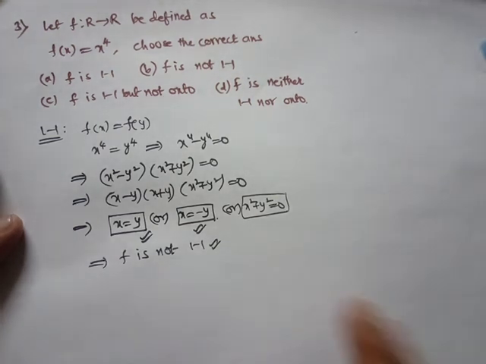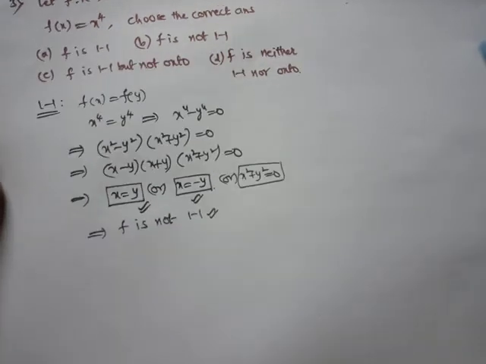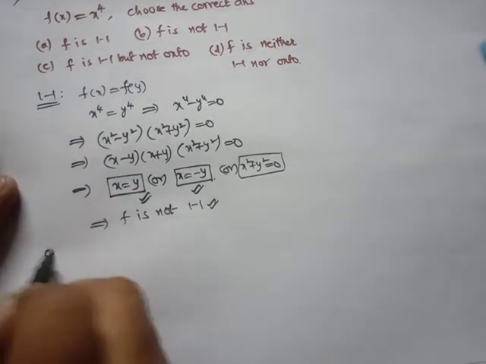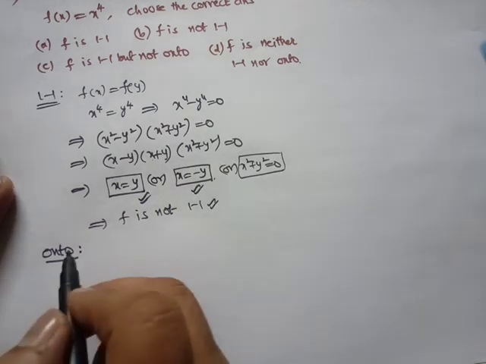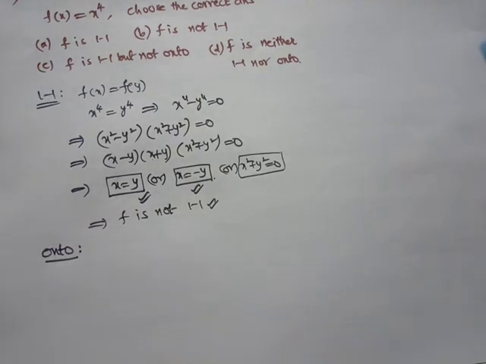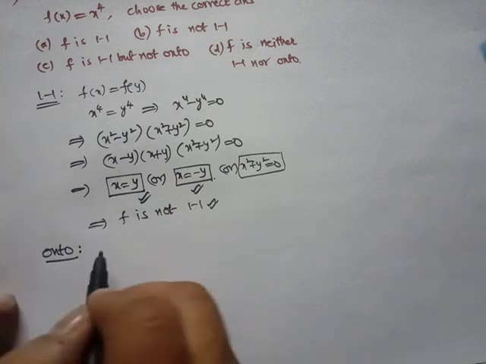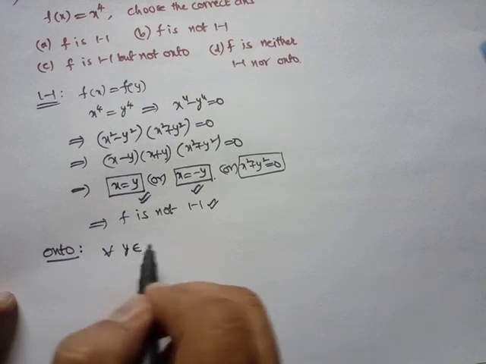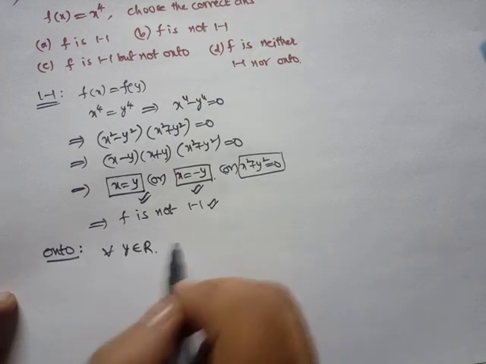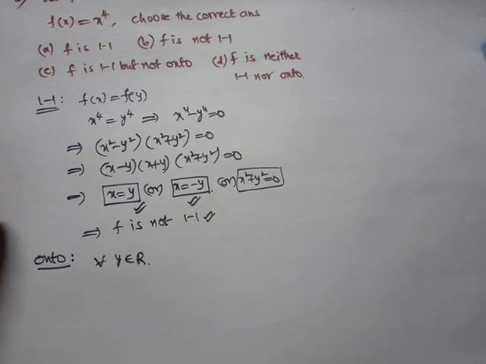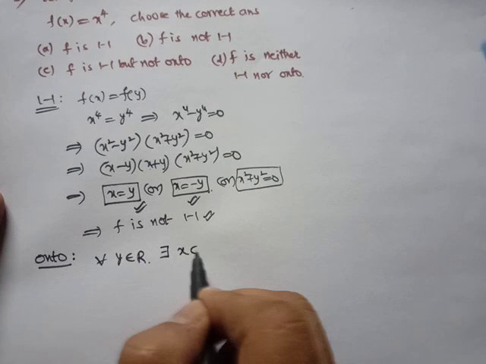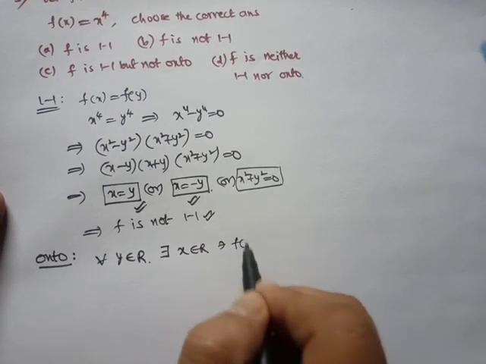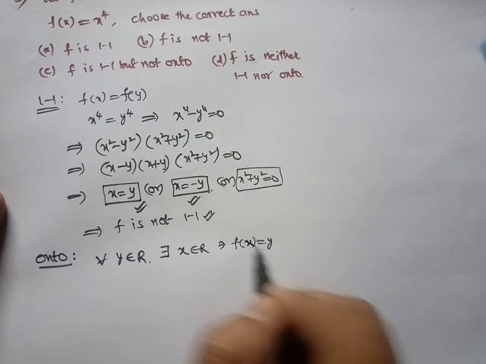It is clear. Now coming to the onto case. So particularly one or two things if you consider, like 3, 4, for all y belongs to R. By the definition of the onto, for all y belongs to R, there exists some x belongs to R such that f of x equals y.